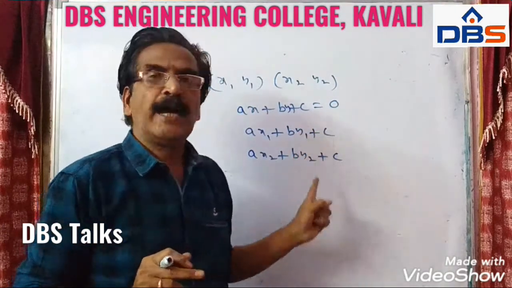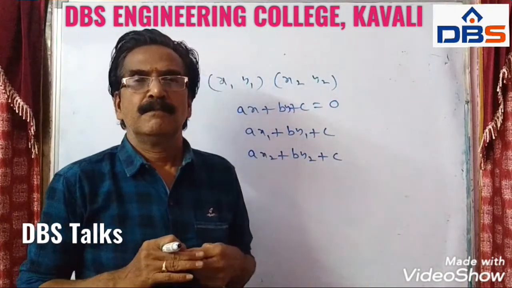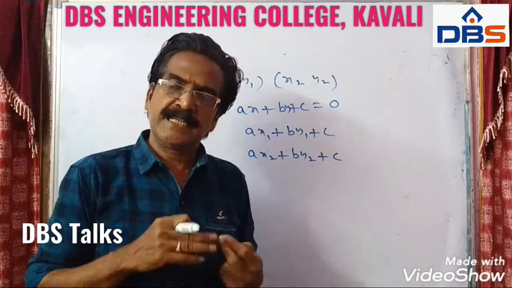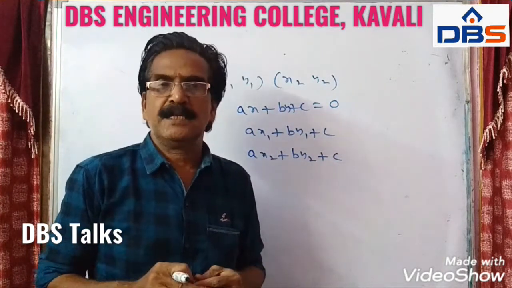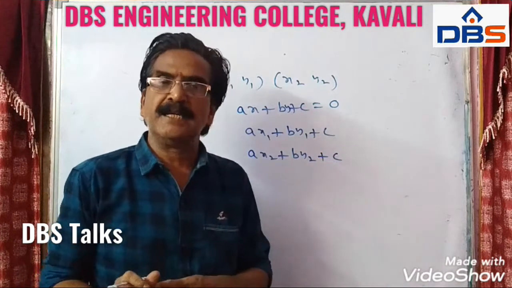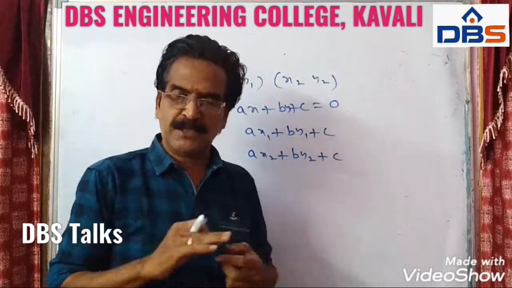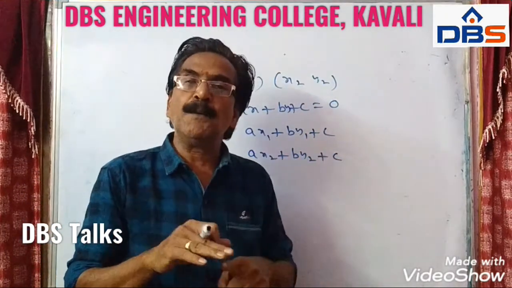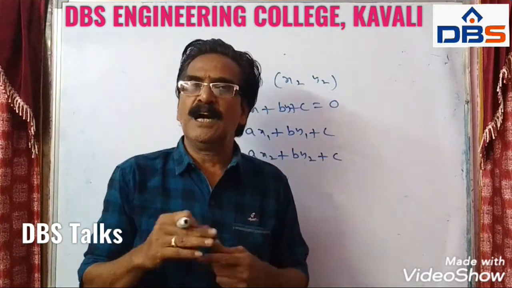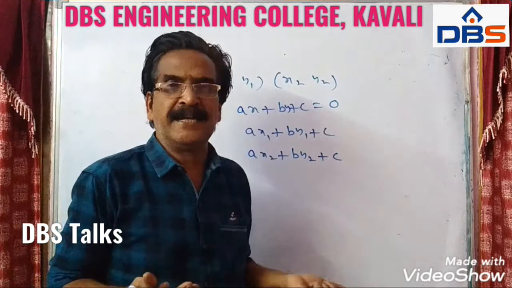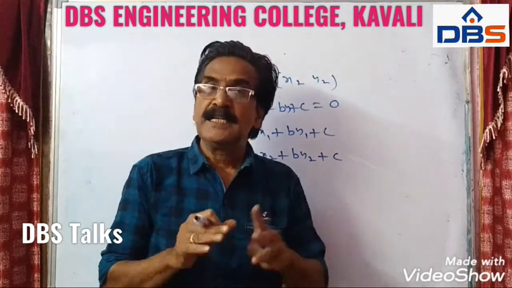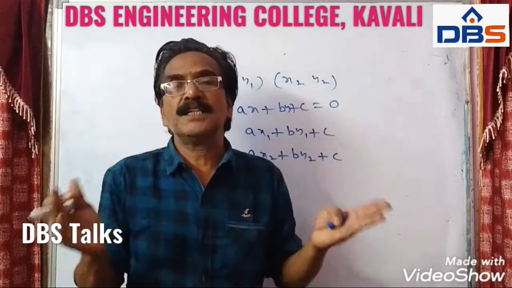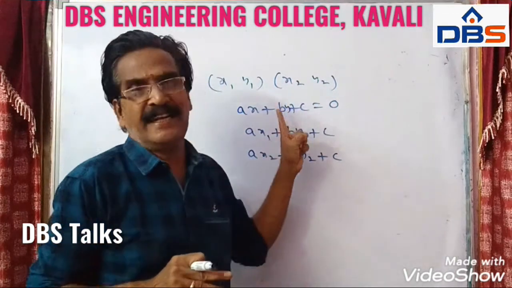If these two have the same sign, that is, both may be minus, both may be plus, then the 2 points lie on the same side. If these two values have the opposite signs, one is plus and one is minus, or one is minus and the other is plus, then the 2 points lie on the opposite sides of this line.